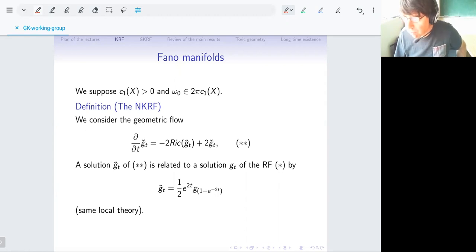I think the precise formula is this. So if g_s was a solution of the Ricci flow, and if you reparameterize it like this, you get a solution of this (2 star), and vice versa. This also can be reversed in that way. So all the local properties of the flow stay the same because of this obvious fact. In particular, if we start from a Kähler metric, as we want to do, this normalized Ricci flow will remain a flow of Kähler metrics. Okay.